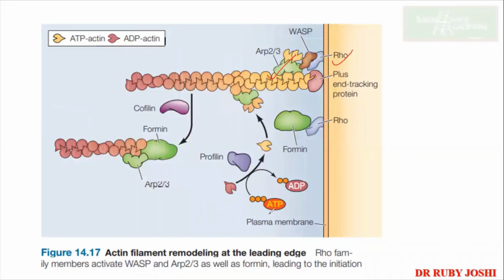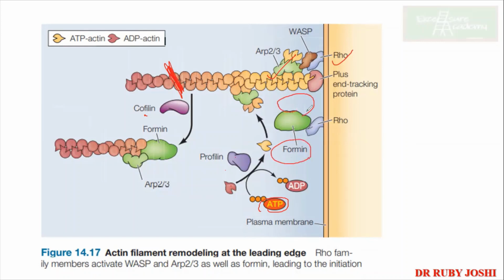Profilin helps in binding of the G-actin bound to ATP. Cofilin, we know that it makes a cut in the actin filament. Okay. Now what is happening? So this is how these Rho family proteins are helping in starting of your actin filaments. Understood? See, for anything to be built you need the base, and that base is provided by the Rho family, and this Rho family is going to activate your formin.